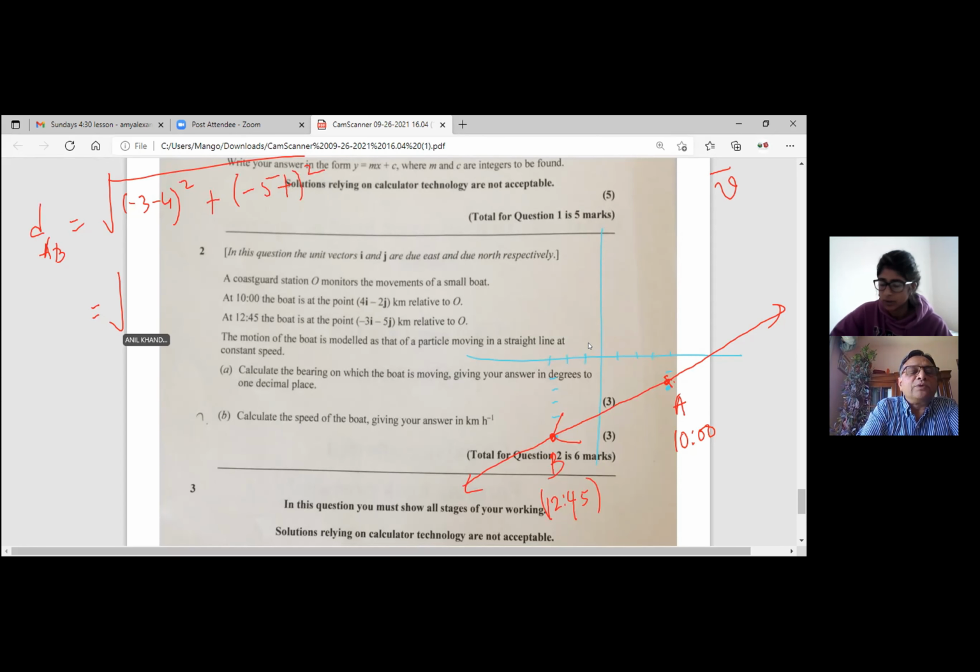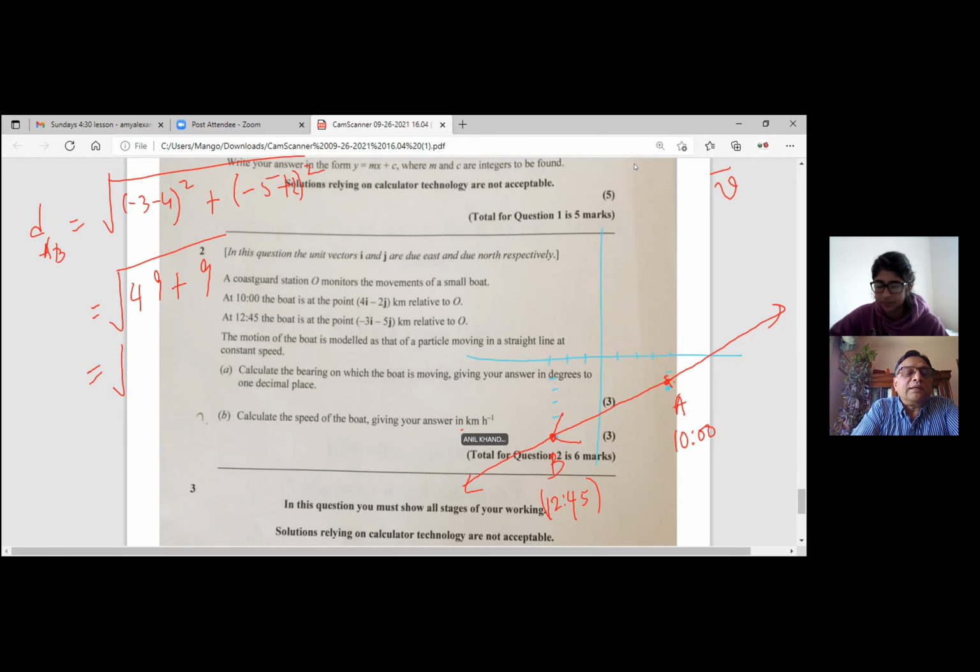So 7 squared is 49, plus minus 3 squared, which is 9. You can use your calculator to find this distance, because we need to give the speed of the boat in kilometers per hour.